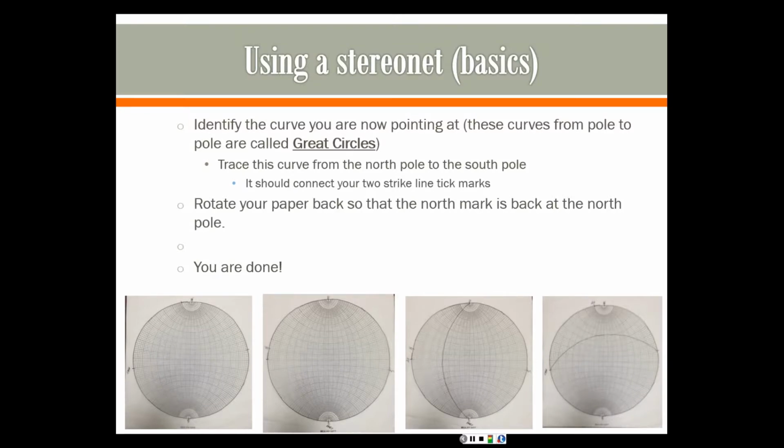And so that lets you display a bedding plane from 3D space on a 2D piece of paper. And as soon as somebody is comfortable with using these, they'd be able to look at that and know exactly what the strike and dip was, and be able to picture that plane in 3D space. Basically, if that's north over there towards the door, this is a bedding plane about like that.